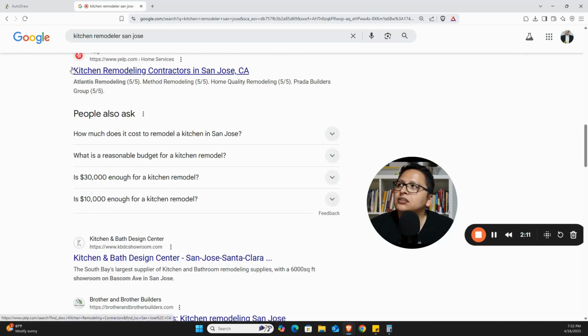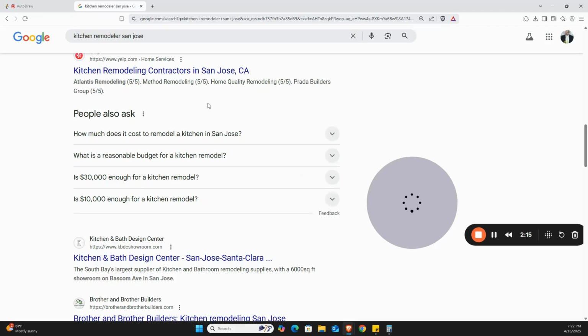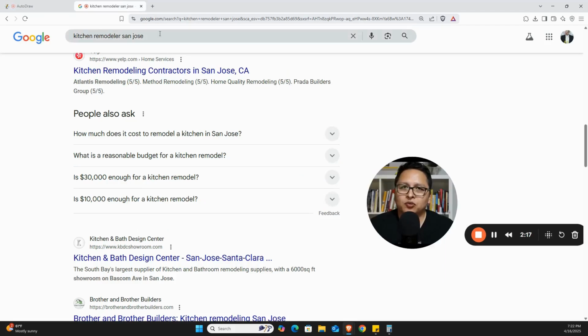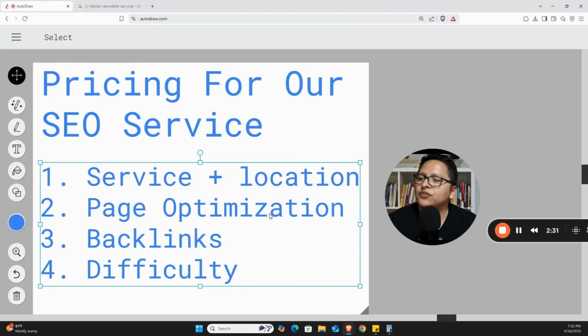When we talk about service plus location, we're talking about this query or search: kitchen remodeler San Jose, or a variation of that, like in San Jose, California. So the first thing is our service plus location.